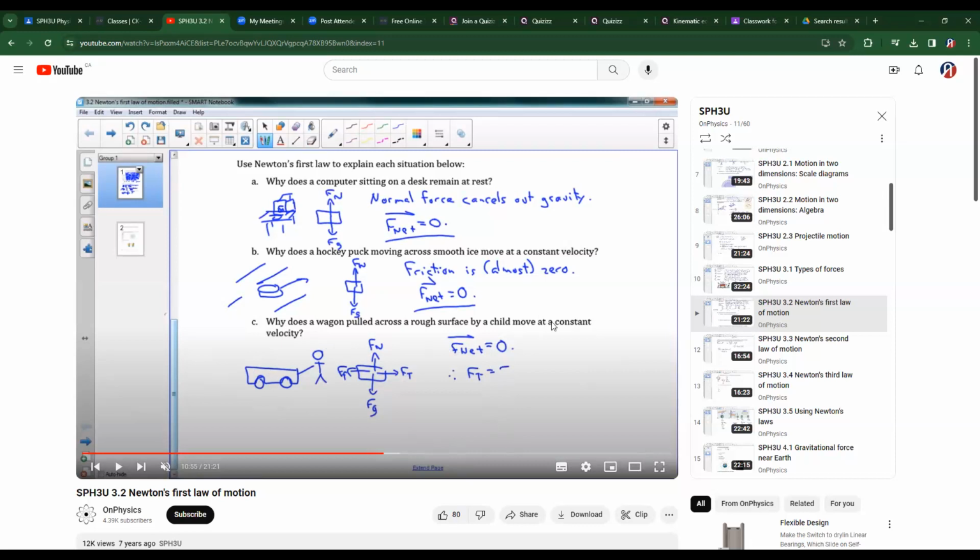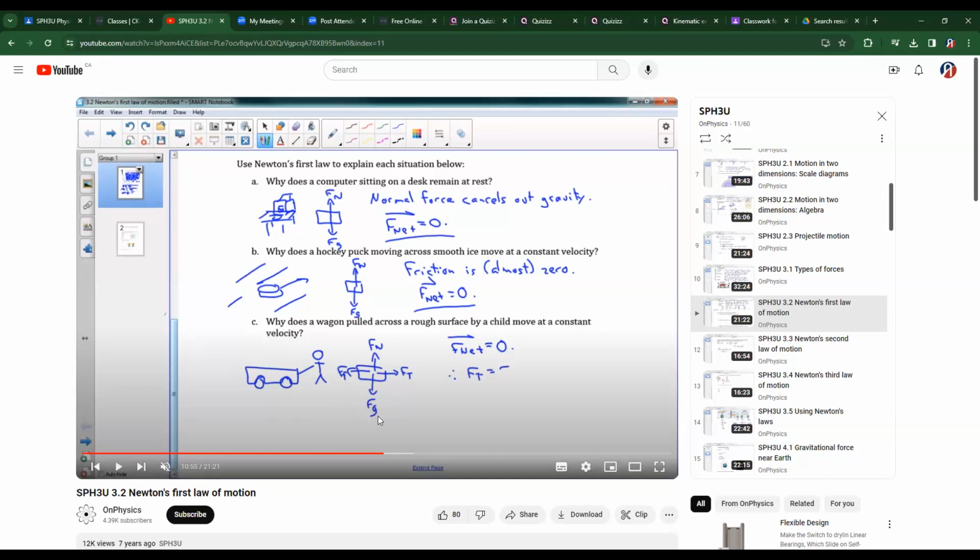If an object is moving at constant velocity, we need to think that it is not under net force, so all forces are balanced. Vertical forces are balanced and horizontal forces are balanced. In the vertical direction, you have Fg, the force of gravity, which depends on the weight of the object.